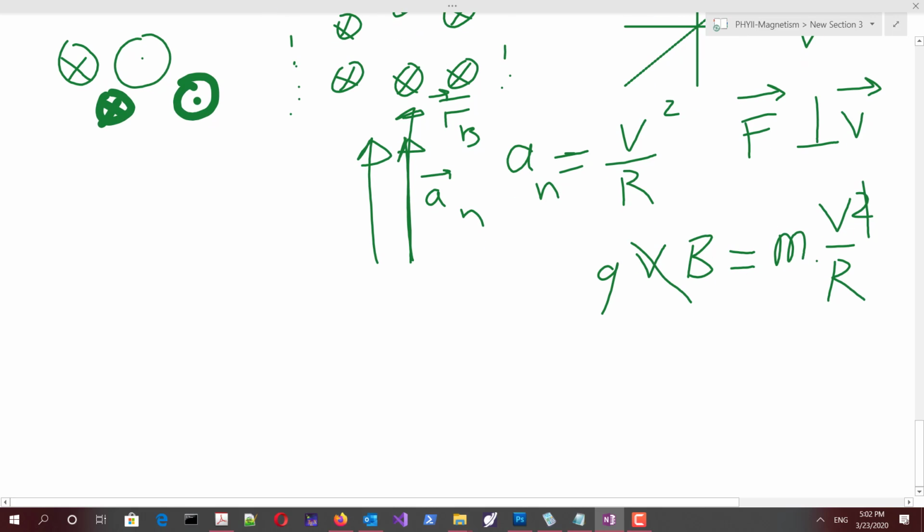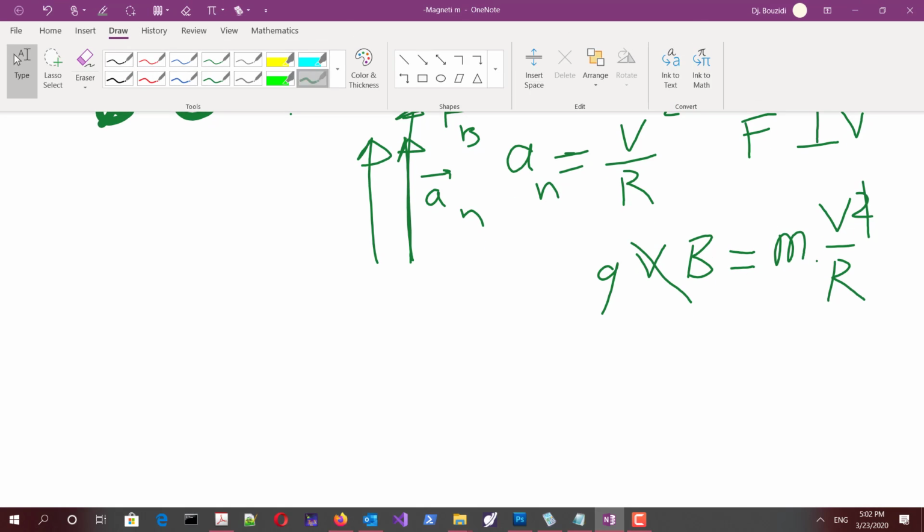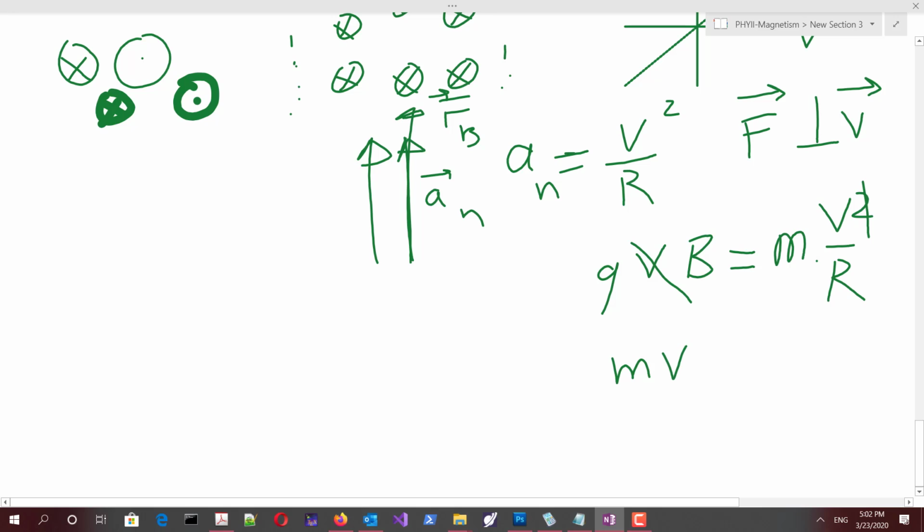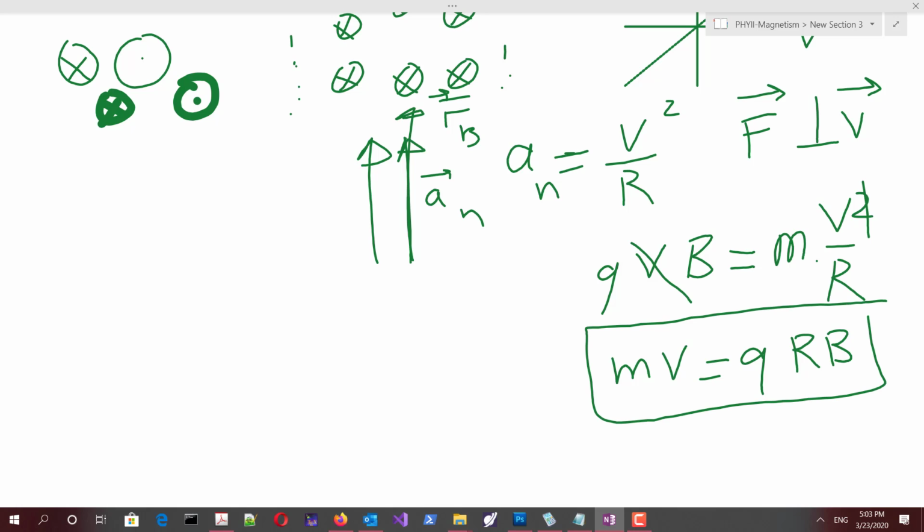First of all, that mv, which is the momentum of that particle, is equal to qrb.